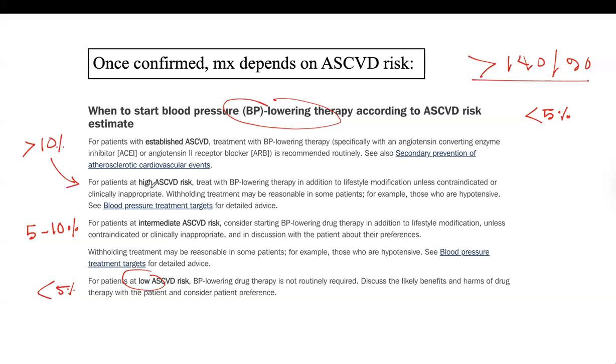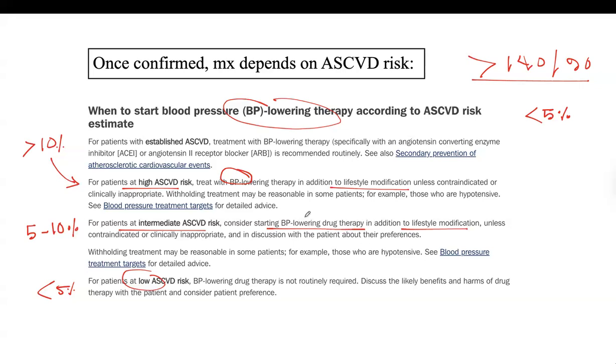For patients at high cardiovascular risk, we start blood pressure treatment in addition to the lifestyle modification. So if a patient has high cardiovascular risk, yes, starting the blood pressure lowering treatment is indicated straight away, along with the lifestyle modification. If it is intermediate risk, consider adding a blood pressure lowering treatment in addition to the lifestyle modification.